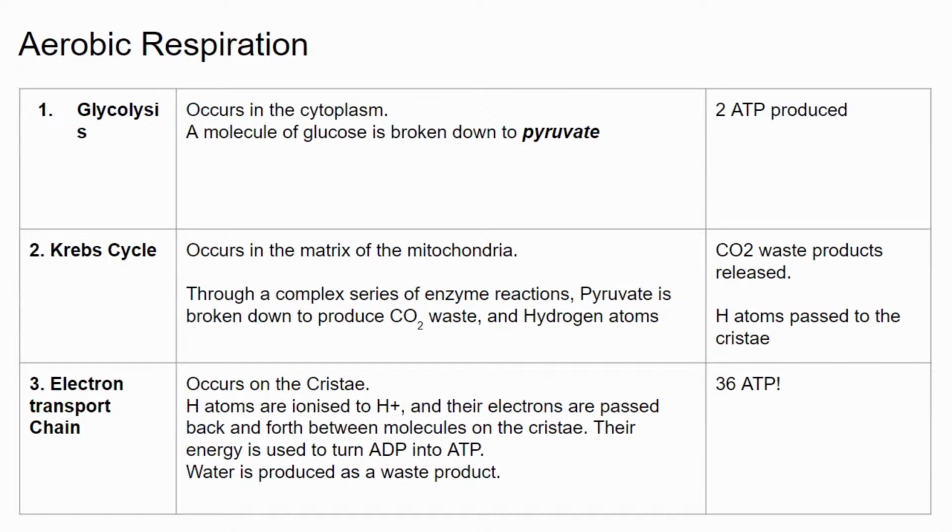And the carbon dioxide is waste. So our carbon dioxide waste products are released from the mitochondria and then later from the cell. But the hydrogen is what our mitochondria are looking for. Those hydrogen atoms are then passed on to the cristae, that folded membrane inside our mitochondria.